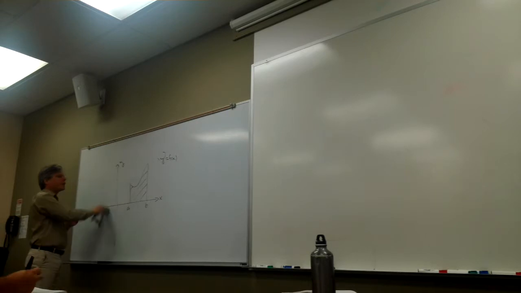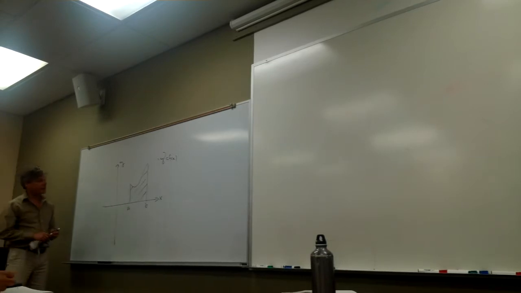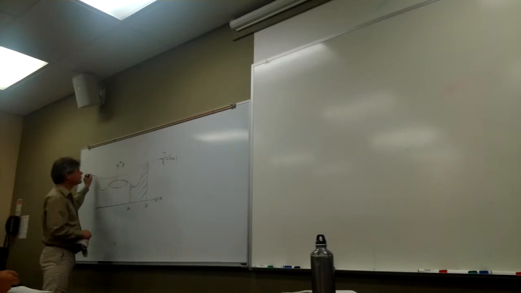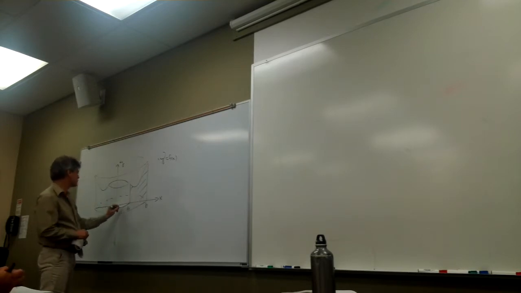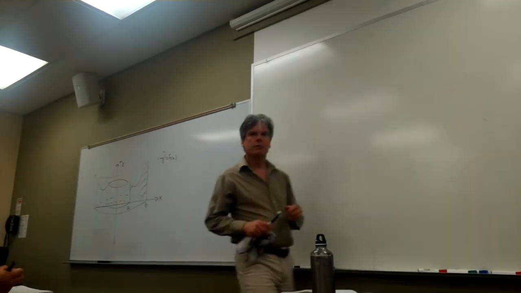Now, if I were to revolve that about the horizontal x, I misspoke, sorry. If I were to revolve that about the vertical y-axis, wouldn't that give me an image in 3-space that kind of looks like this? You're going to need a hole in the top, right?